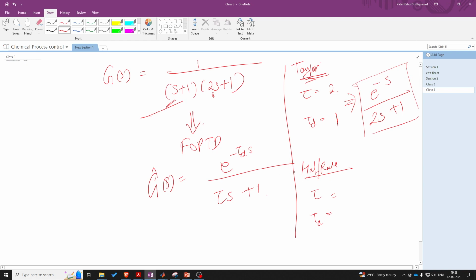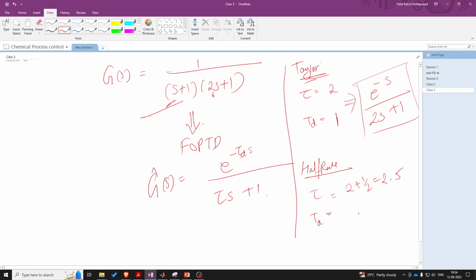Similarly, based on the half rule formula, the time constant was defined as the most dominant plus half of the next second most dominant. That is, 2 plus 1 by 2 will become 2.5. Similarly, for the time delay, we have to neglect the first term, take half of the second dominant and then sum the others.